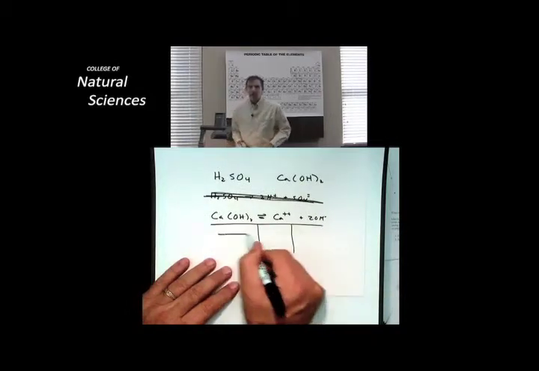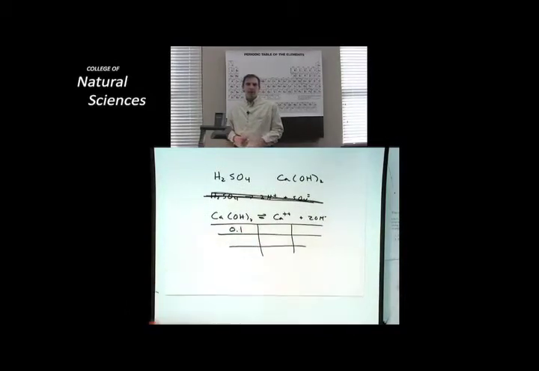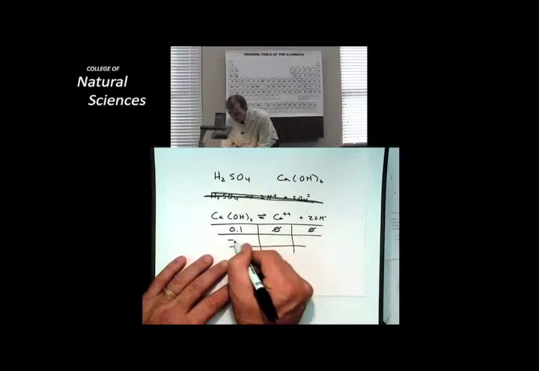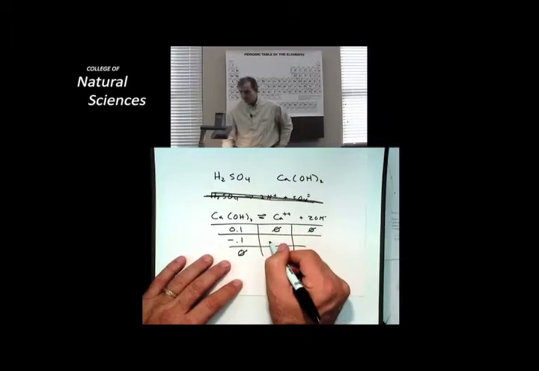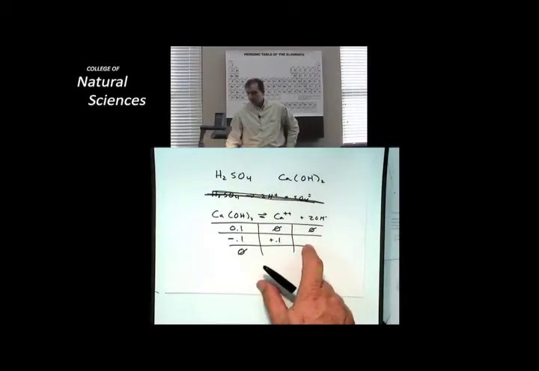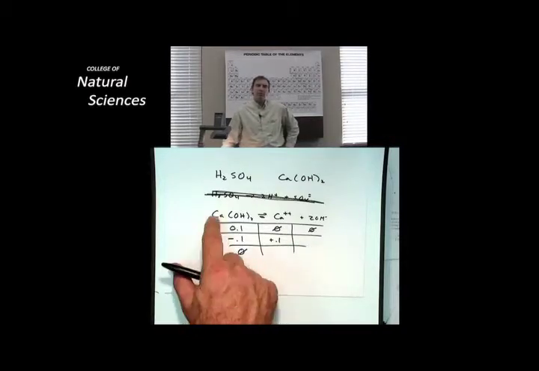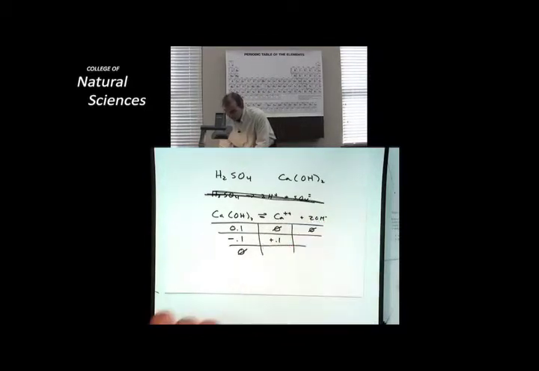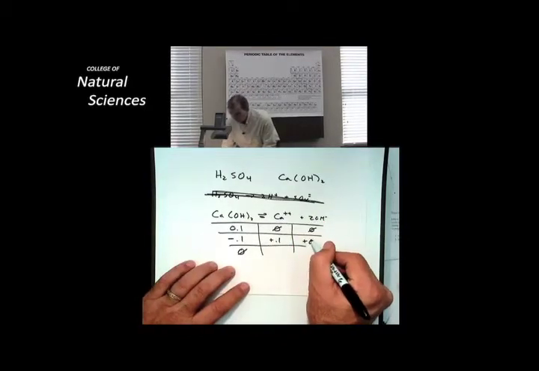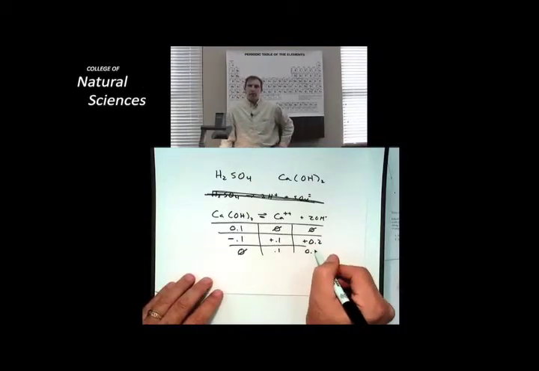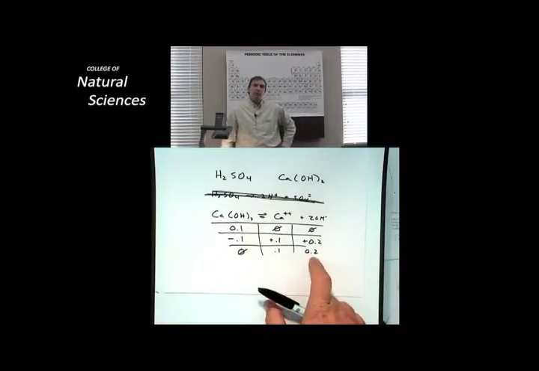If I start off with 0.1 molar calcium hydroxide in solution, and I've got 0 of this and 0 of this to start, and this all goes away, and I'm forming this, I am not forming 0.1 molar of the hydroxide because for every calcium hydroxide that goes into solution, I'm making twice as much of the hydroxide. And so when I get down to equilibrium, I have 0.2 molar hydroxide from the starting 0.1 molar of the calcium hydroxide.